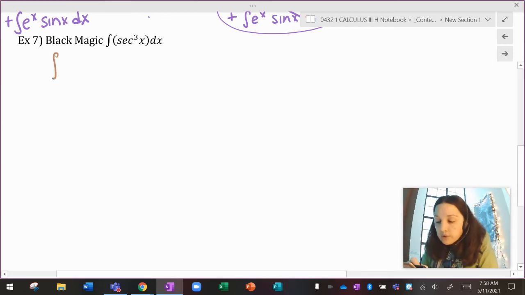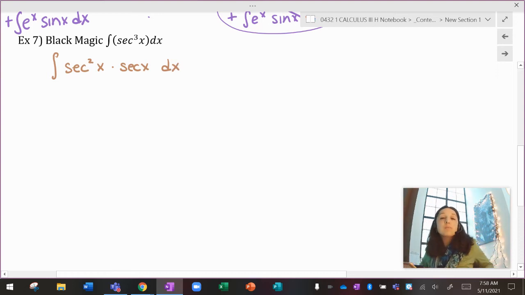So what we're going to do here is I'm going to rewrite secant cubed as secant squared x times secant x dx. Why? Well, number one, because secant squared has some Pythagorean identities that go with it that may or may not be helpful. Narrator voice, they're not. Also, because secant squared is something whose antiderivative I actually know.